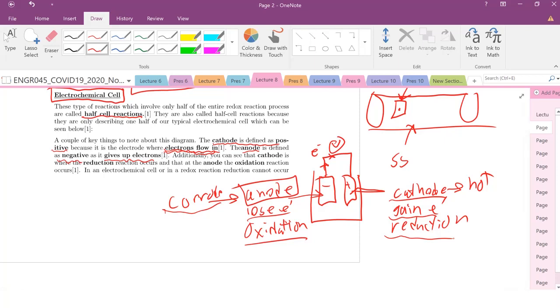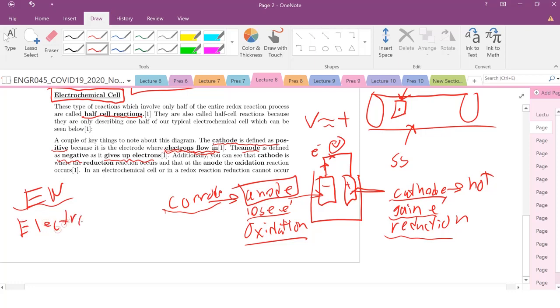Additionally, if electrons are flowing this way, the voltage that we should measure should be positive. Whether a material is going to lose electrons or gain electrons, one of the key material properties that we're going to look at, going all the way back to lecture 1, is the value we used to determine whether a material is going through covalent bonding or ionic bonding. We are going to look at En, which is electronegativity.